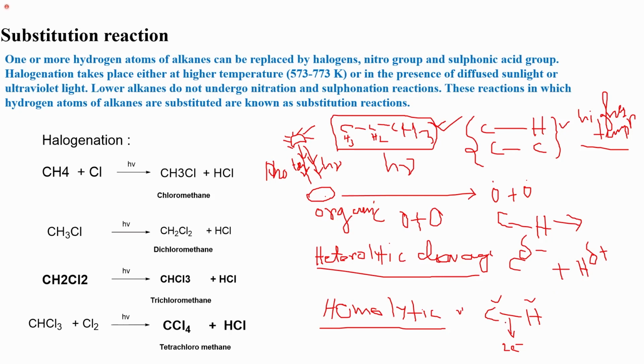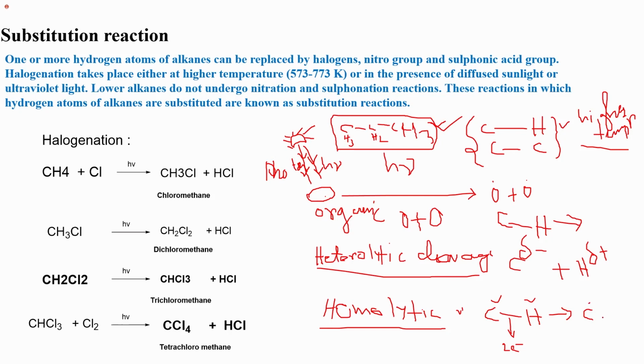Now we want to see how the homolytic cleavage can happen. This bond will break, meaning the two electrons are shared, one electron each.